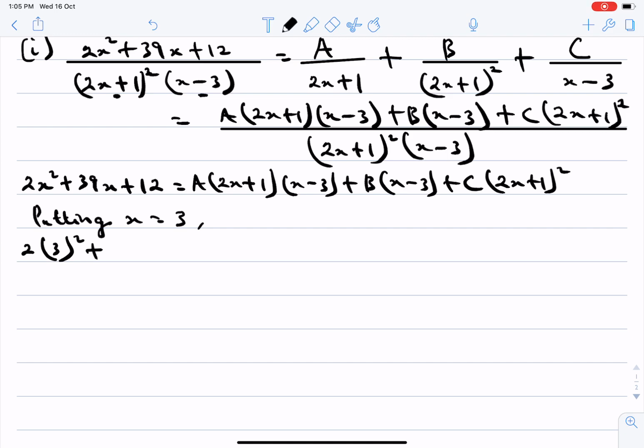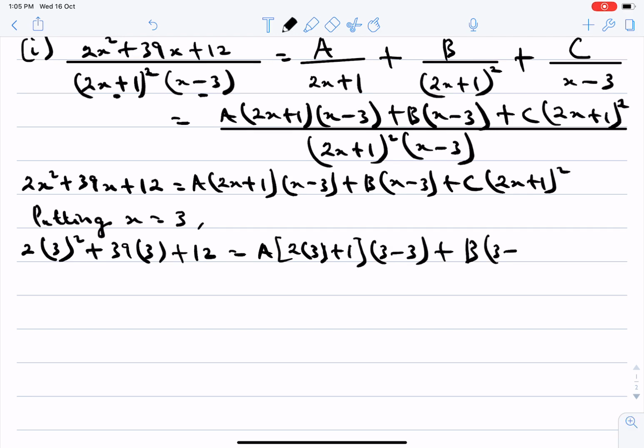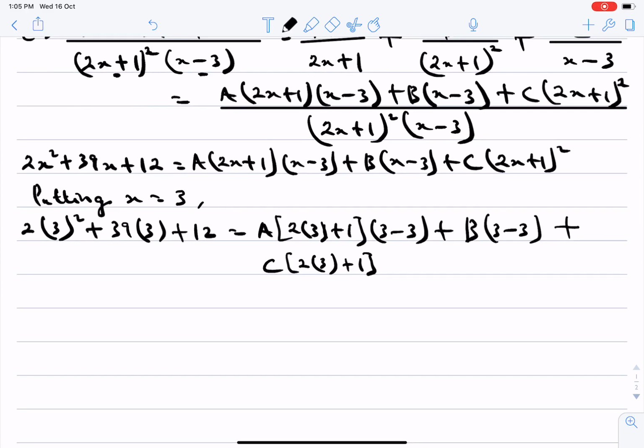Yes, putting x equals 3. 2 times 3 squared plus 39 times 3 plus 12 is equal to a times 2 times 3 plus 1 times 3 minus 3, plus b times 3 minus 3, plus c times 2 times 3 plus 1. 3 minus 3 is 0, and that means the whole of those terms is 0, and we are left with the right hand side.